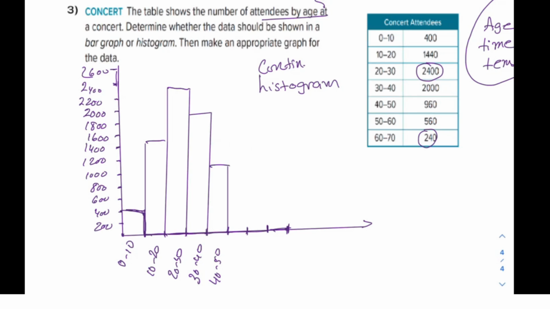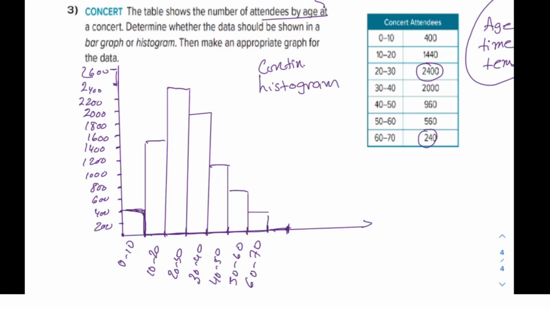Then 50 to 60 is until 560, a little bit less than 600. Lastly, 240, it is 60 to 70 years until 240, a little bit more than 200.